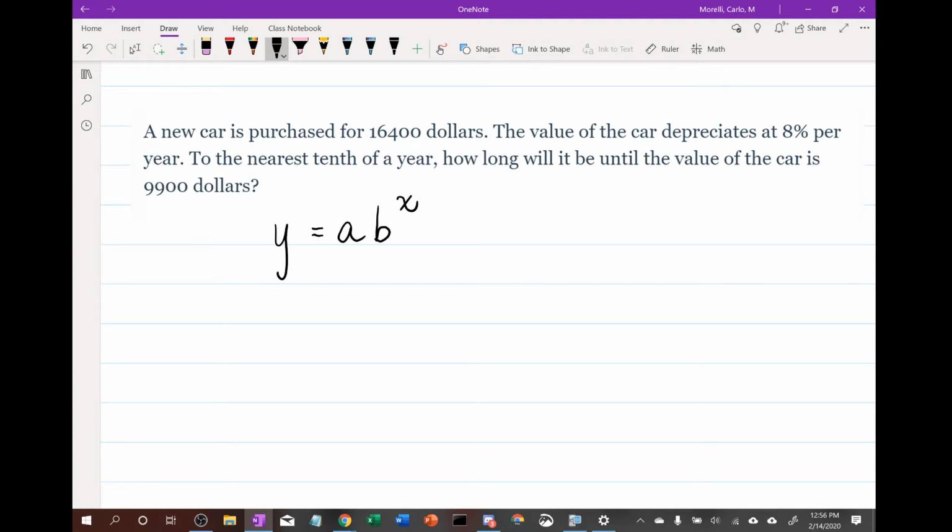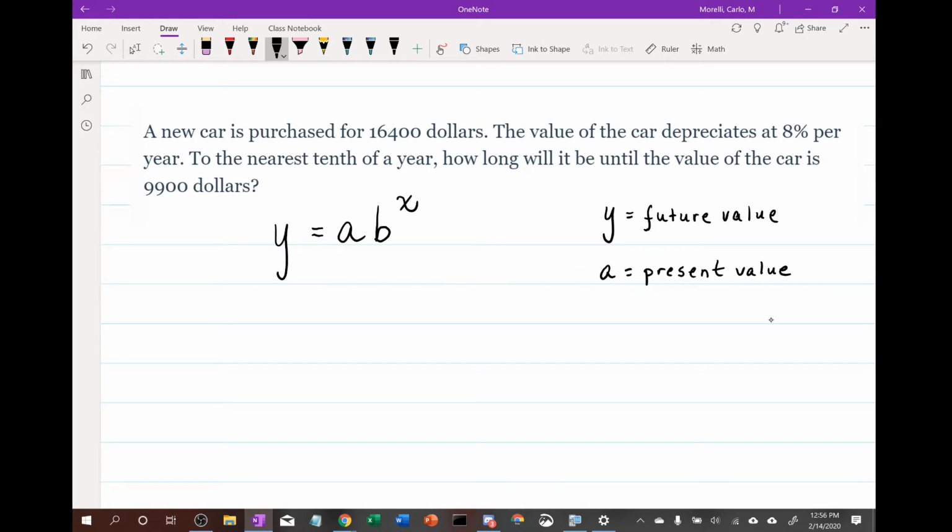So y represents the future value of the car. And y will also represent the future value of whatever you're dealing with. Might not be a car. a is the present value of the car, or the initial value, the starting value.